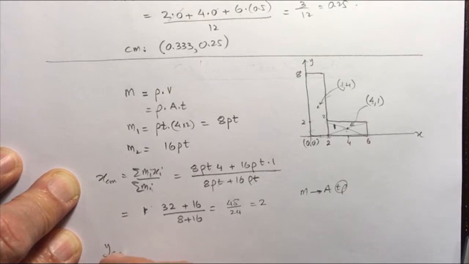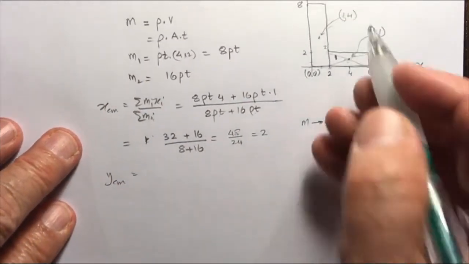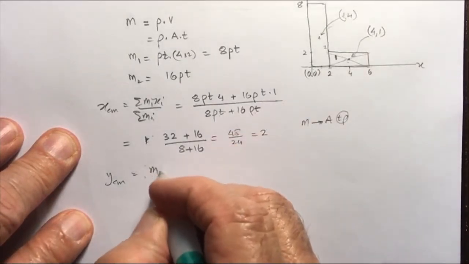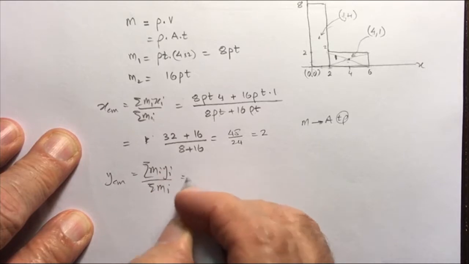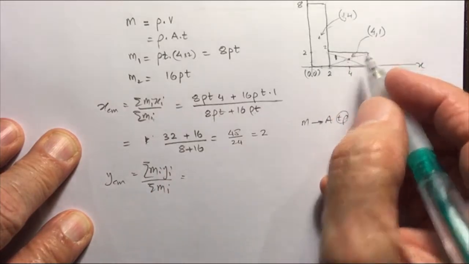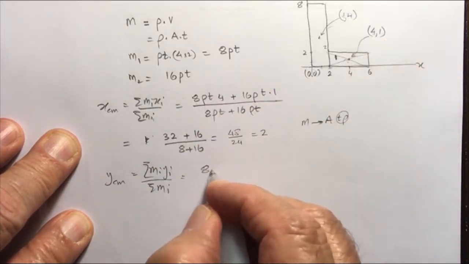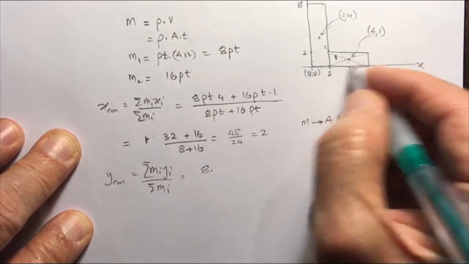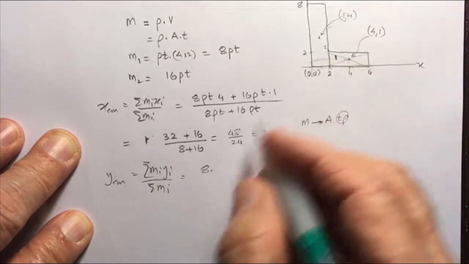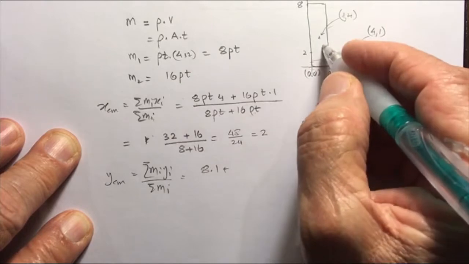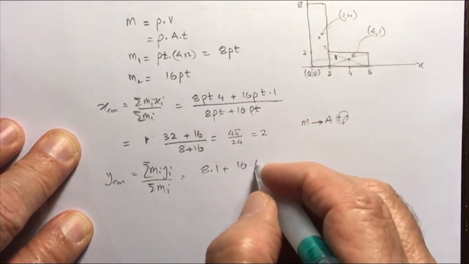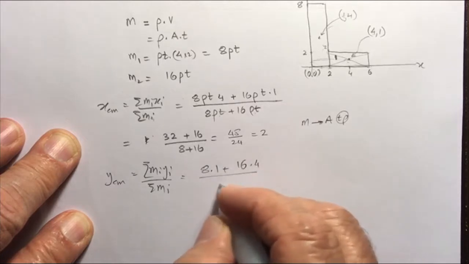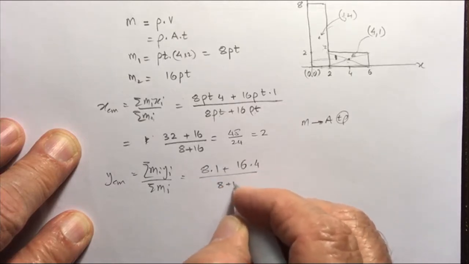And the y center of mass is going to be the sum of M_i y_i over the sum of M_i. So it's going to be M1, which is 8, times y1, which is 1, plus M2, which is 16, and y2 is 4, over 8 plus 16.